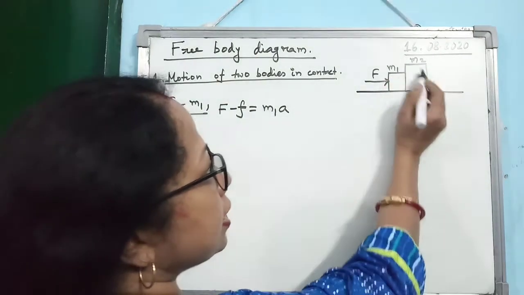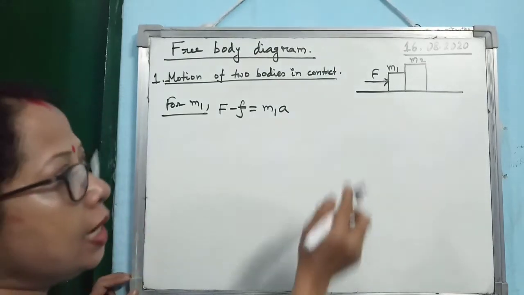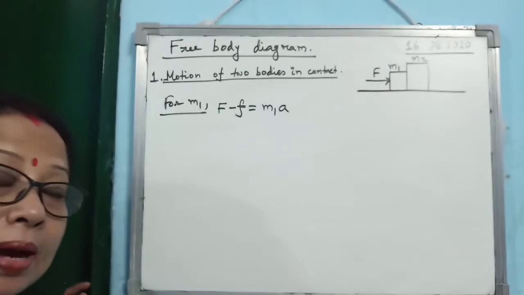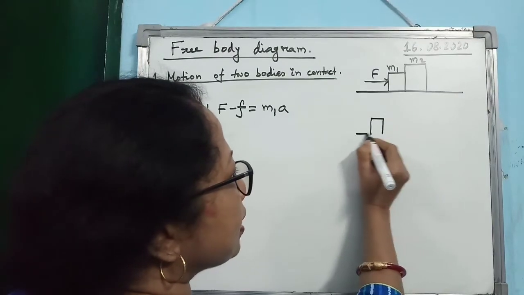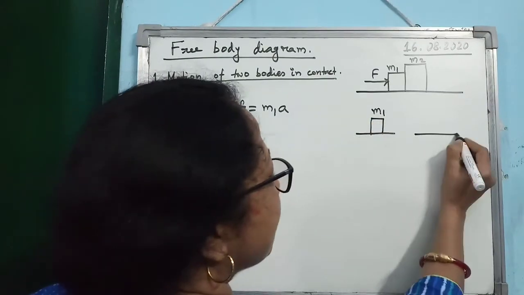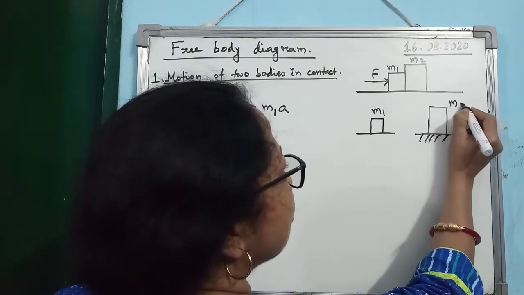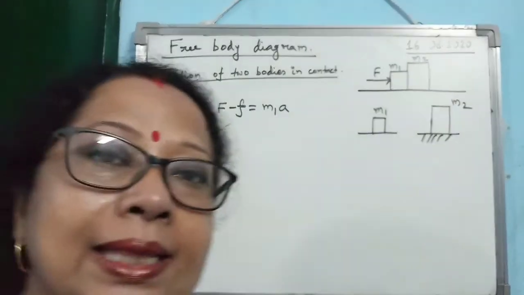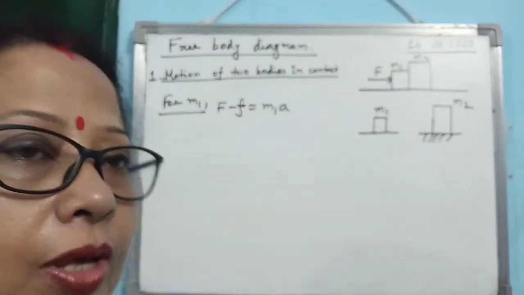Suppose you have taken two bodies in contact, M1 and M2, and you have applied a force F on them together. But you may consider M1 as one body and M2 as a separate body, and then consider the different forces acting on M1 and M2 separately, balance the forces and get the equations. That is known as the free body diagram.